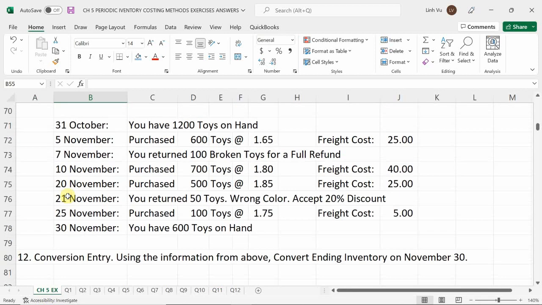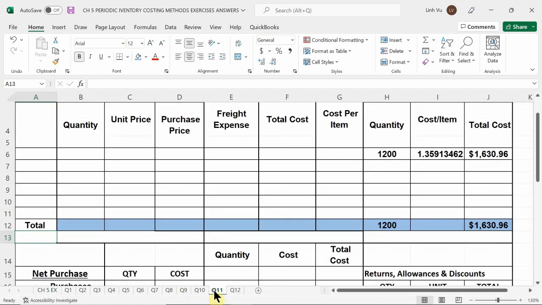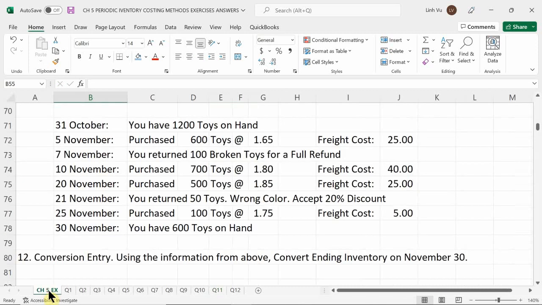So it's November 5th. We end up purchasing 600 units at $1.65 with a freight of 25. So 600, 165, 25. Okay.